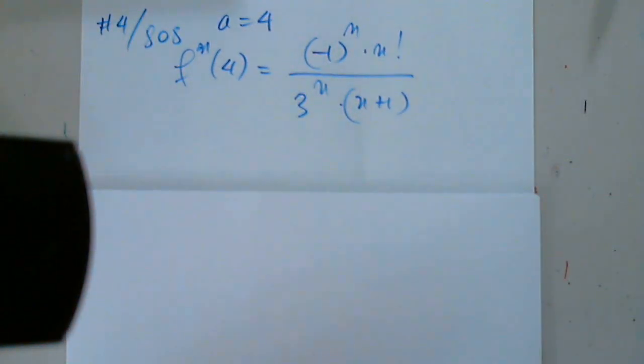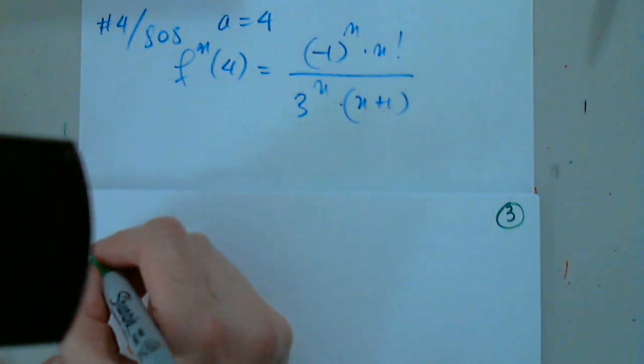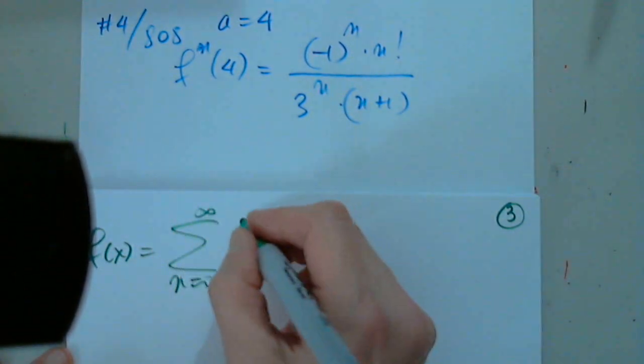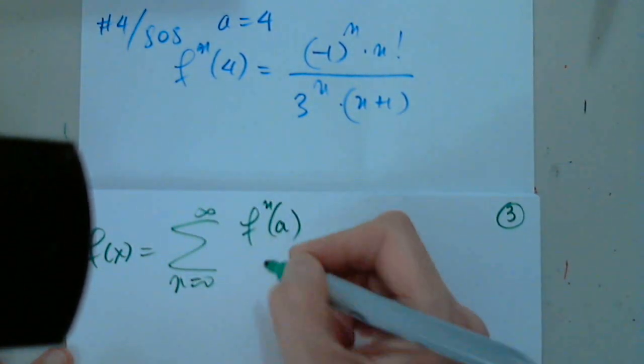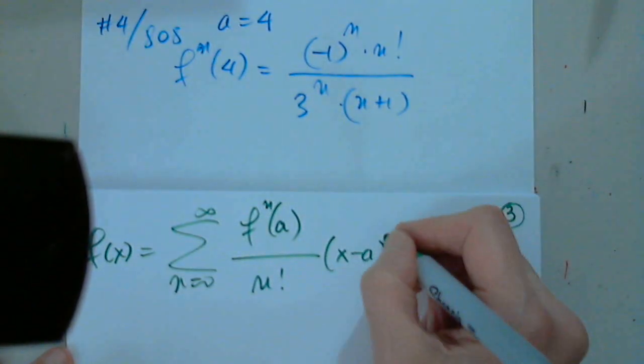So now we're going to write the Taylor series, and let's see what we need to do next. So that's my page 3. Okay, perfect. So f of x equals the sum, n equals 0 to infinity, of the nth derivative evaluated at a divided by n factorial, times (x minus a) to the nth power.